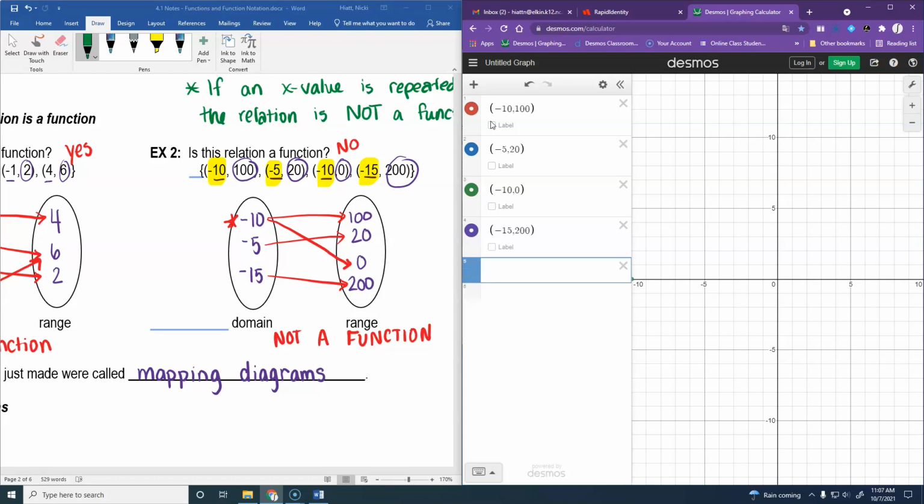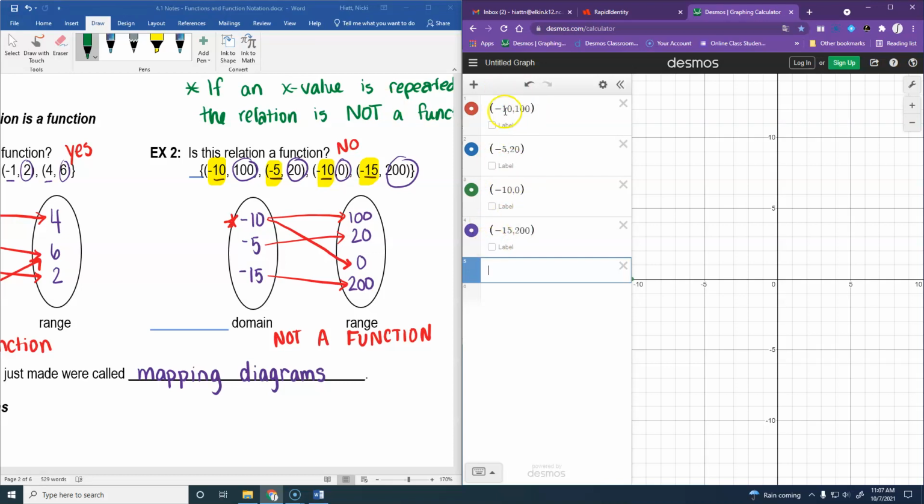Nothing's showing up. How come? Not because it's not a function. Why can't I see any of these points? They're negative. I do have some negatives.